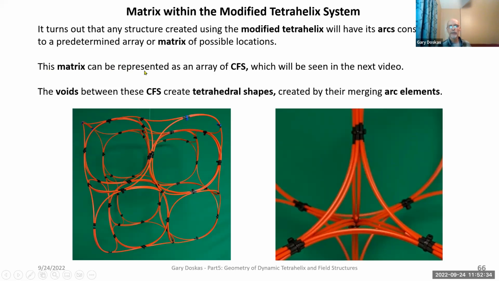This matrix can also be represented as an array of CFS that will be seen in the next video. And the void between these CFS creates these tetrahedral shapes created by their merging elements you can see here in this diagram.